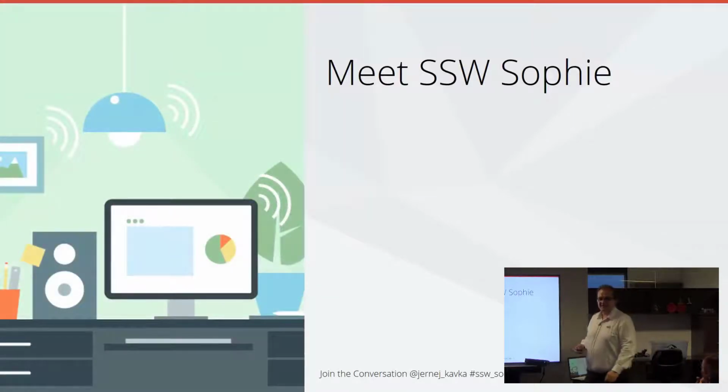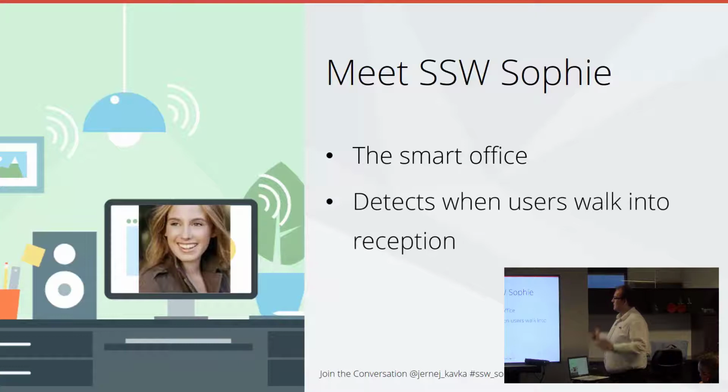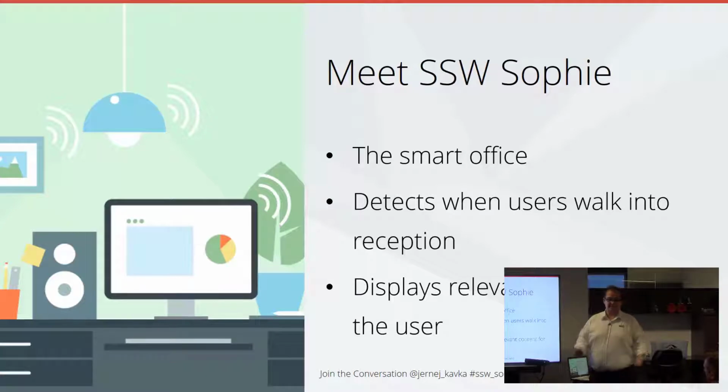So let me quickly introduce SSW Sophie. This is our solution for the smart office, and at the moment it's in the reception area. When a user comes in, it detects that user and shows relevant information for that user. So we show things like Power BI and their appointments and things like that.